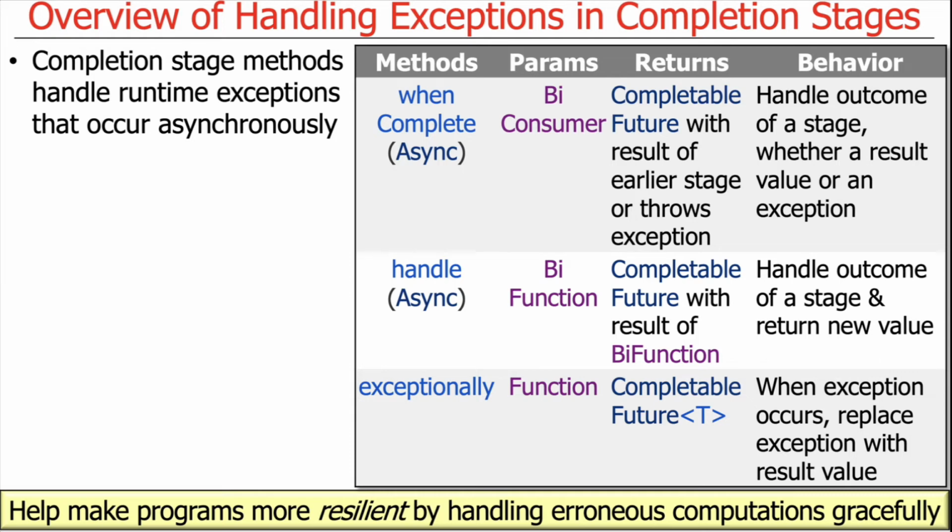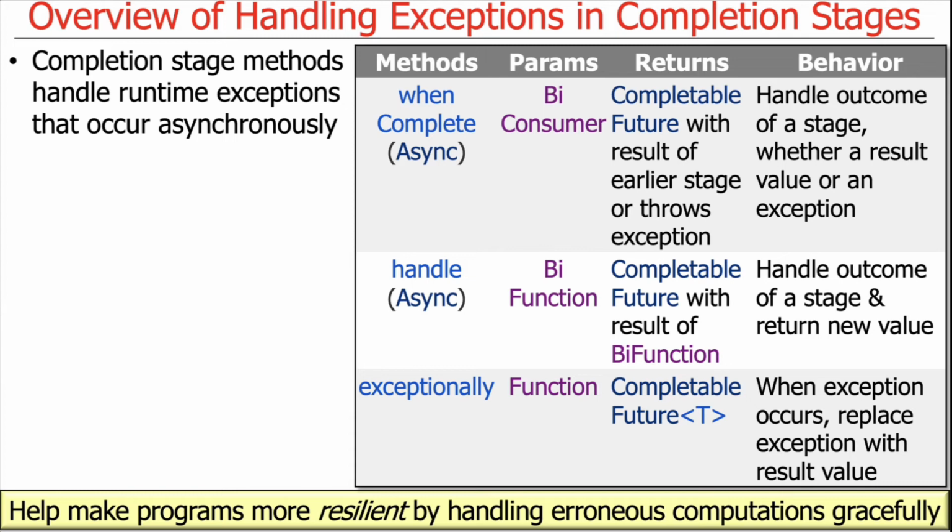The next method provided here is called handle, or handleAsync, and it takes a BiFunction parameter and returns a CompletableFuture with the result of applying the BiFunction. What that does is handle the outcome of a stage and return a new value. Again, there's a differentiation made between the normal processing, in which case you have a value, or an exception, in which case you get a chance to change to a different value and mask the exception.